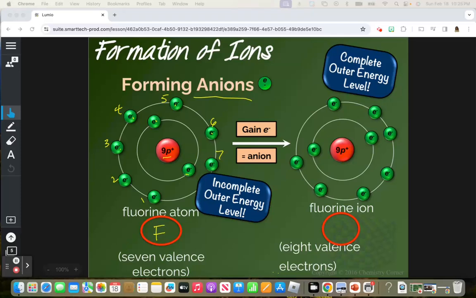So fluorine is just 1 electron short of having an octet. What fluorine wants to do is gain a valence electron, and when it gains an electron, it becomes an anion, which has a negative charge. We will put that extra electron here on the last energy level, making this fluorine ion with 1 negative charge. Again, a stable configuration of electrons.